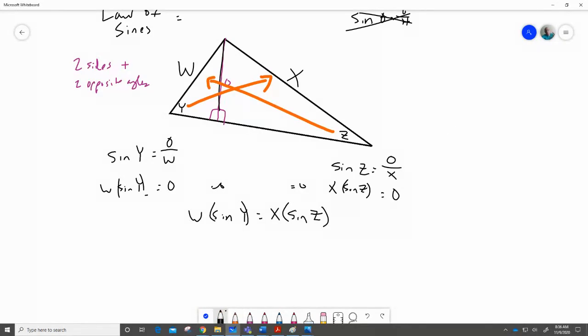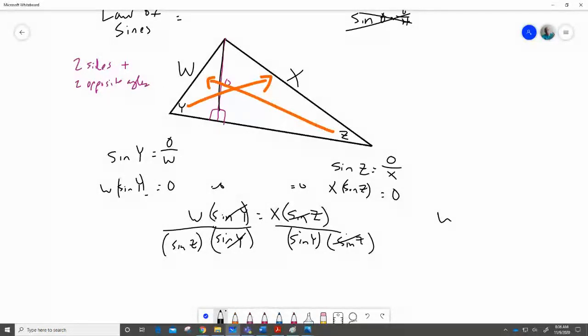So what we'll do is divide by sine Y over here, and also divide each side by sine Z. What happens is the sine Z goes away over here, the sine Y goes away over here.